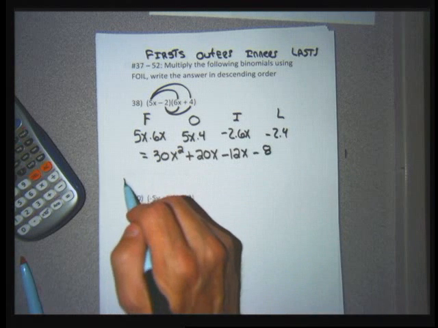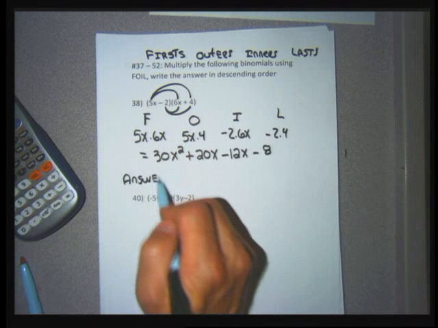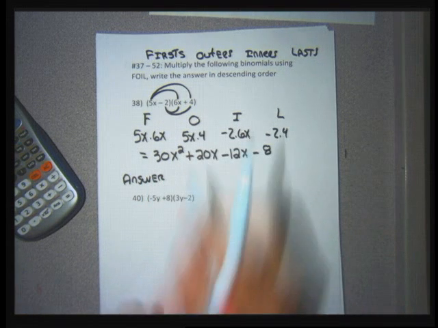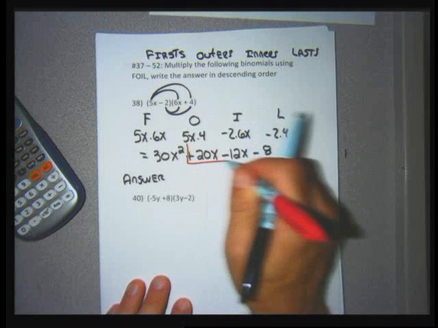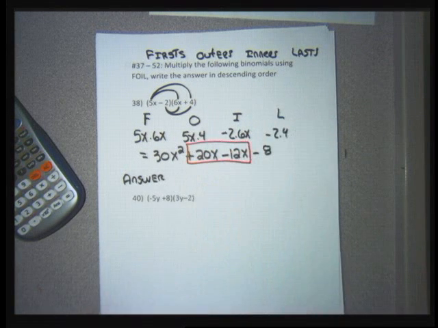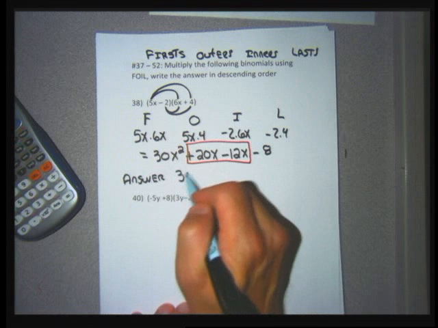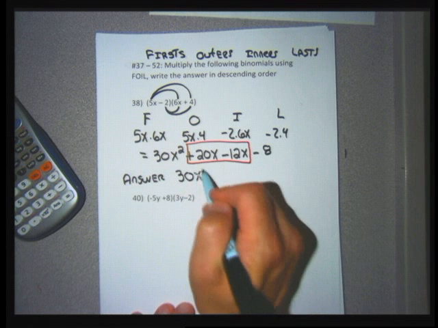Usually, when you FOIL, the outers and the inners are like terms that can be combined, and that's the case here. So before I commit and say something's an answer, I need to add or subtract any like terms. That's terms that have the same letters with the same exponents, and condense them. The 30x squared doesn't have anything to add or subtract because there isn't another term that has an x squared.